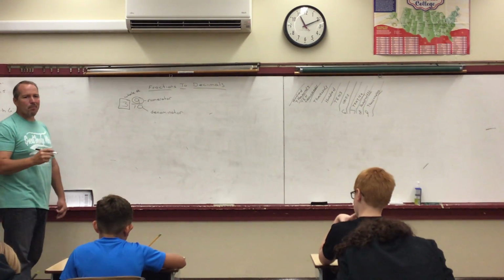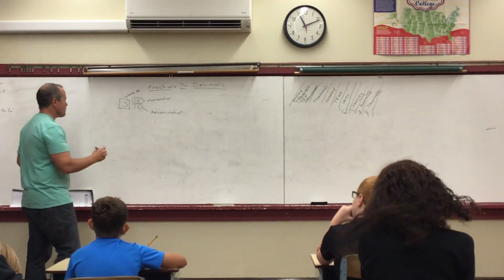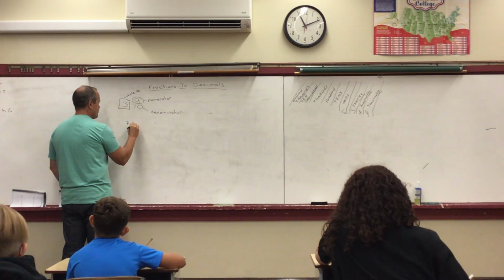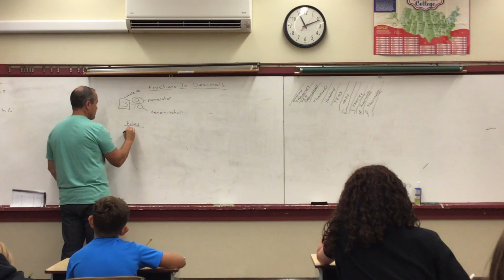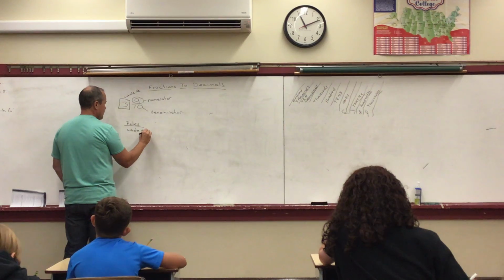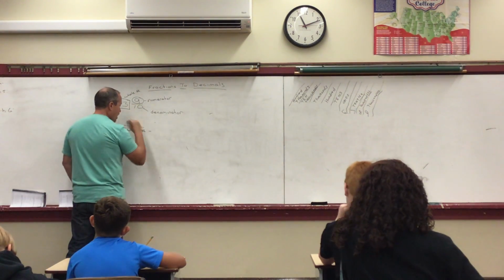If there is a whole number, that whole number goes to the left of the decimal. So, when we're writing fractions to a decimal, rules. Whole numbers go to the left of the decimal.